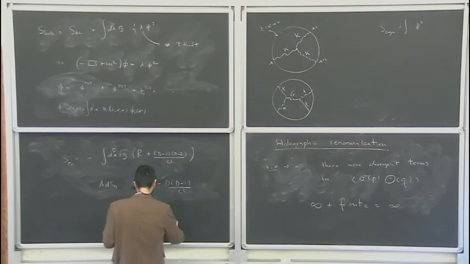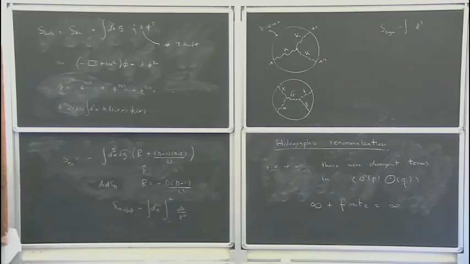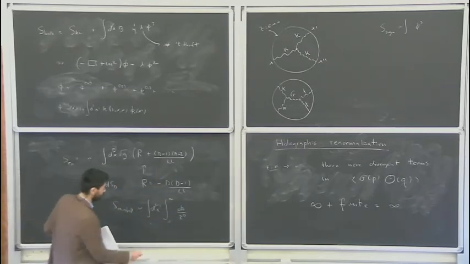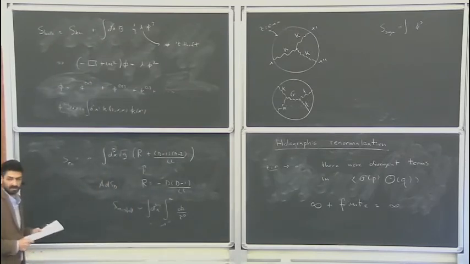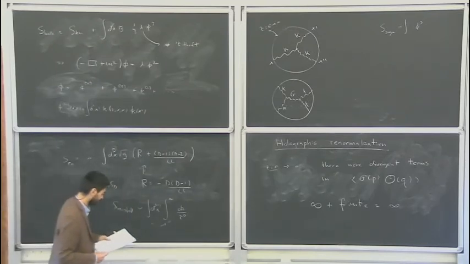But there is always, and inevitably, some non-compact integral to do, which in these z coordinates, for example, is something like that. So here, the divergence appears near z equal to 0, where you can see that this integral diverges.